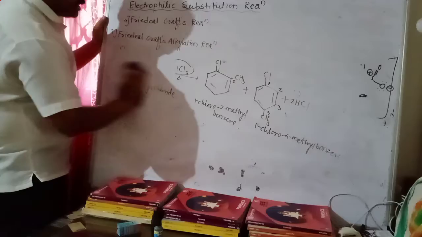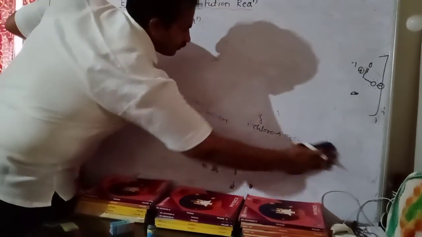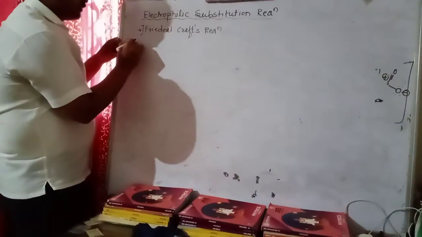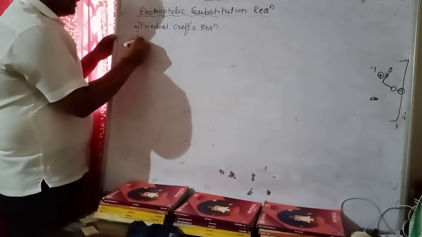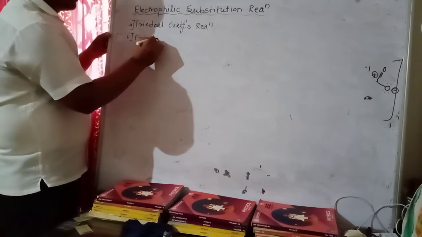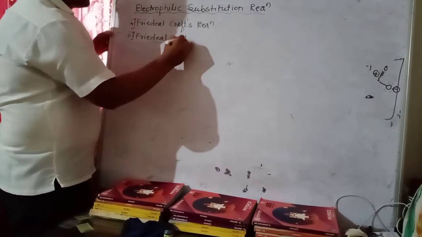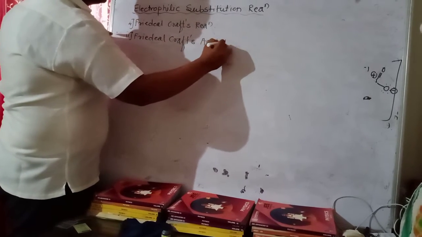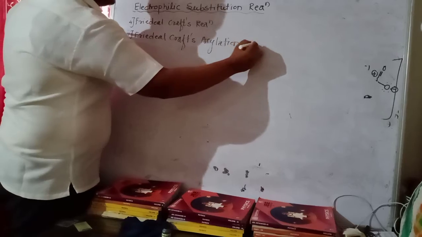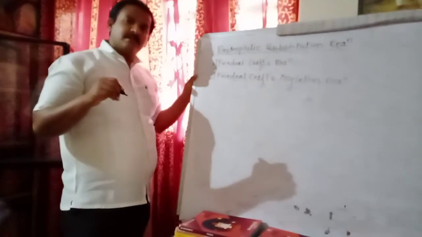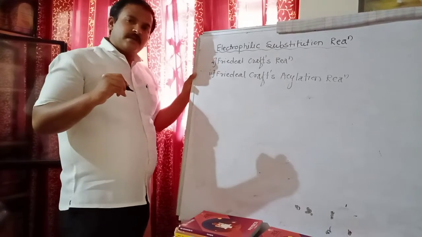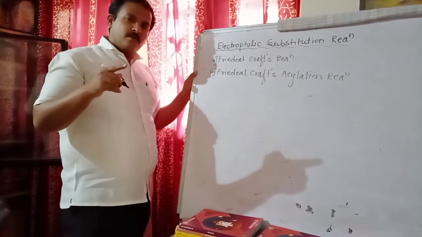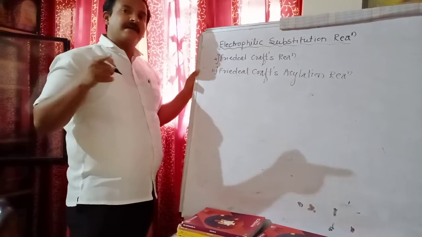Okay, students, another type is the Friedel-Crafts acylation reaction. You know that in the Friedel-Crafts alkylation reaction, one hydrogen atom of chlorobenzene is substituted by an alkyl group.